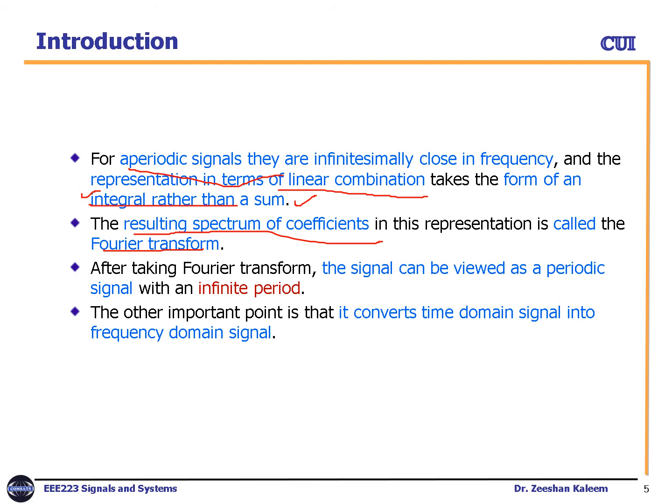So after linearly combining them, we get the resultant spectral coefficients. What are the spectral coefficients? Previously, you know there were coefficients a_k. Similarly, here the term a_k is a type of spectral coefficient. However, we will represent it with a different notation, but its meaning is more or less the same. After taking the Fourier transform, the signal can be viewed as a periodic signal with an infinite period.